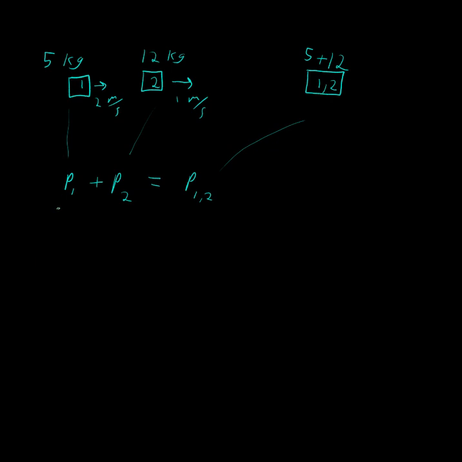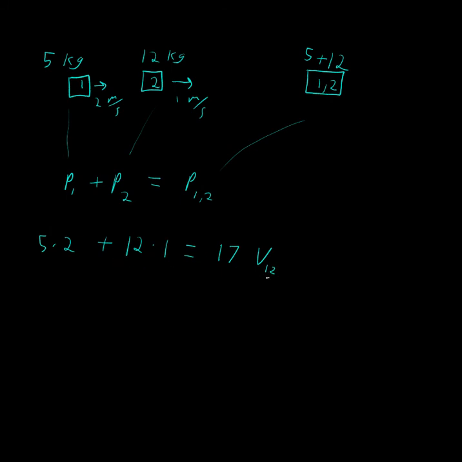So we can now use the formula for momentum to say 5 times 2 plus 12 times 1 equals the mass of both, so that would just be 17 times the velocity of my 1-2 block.